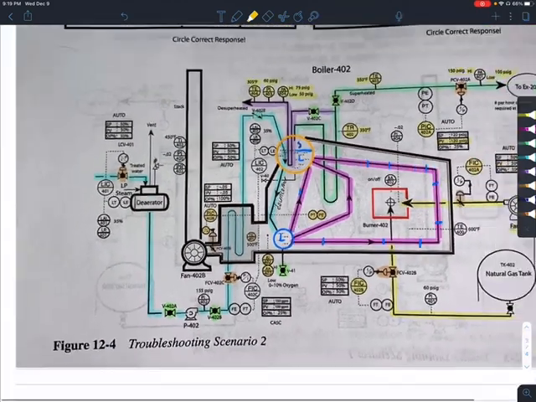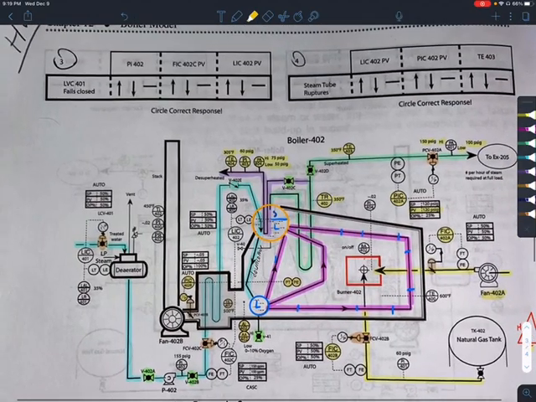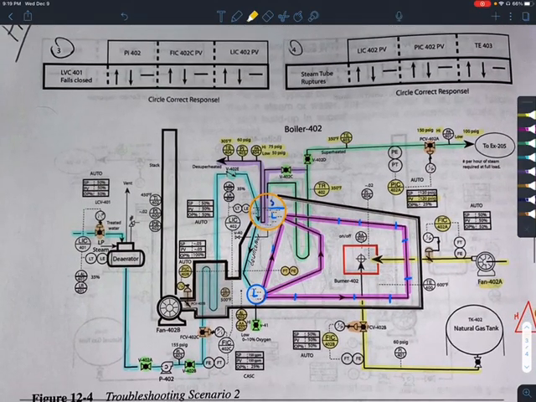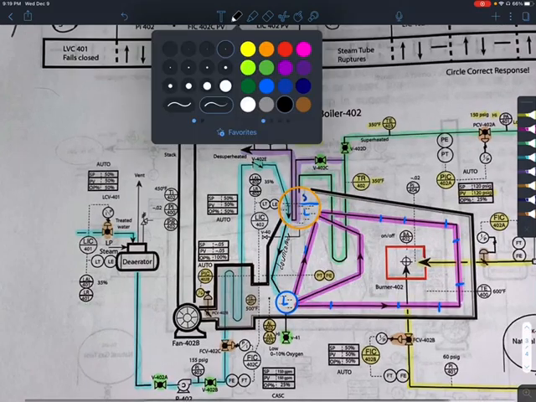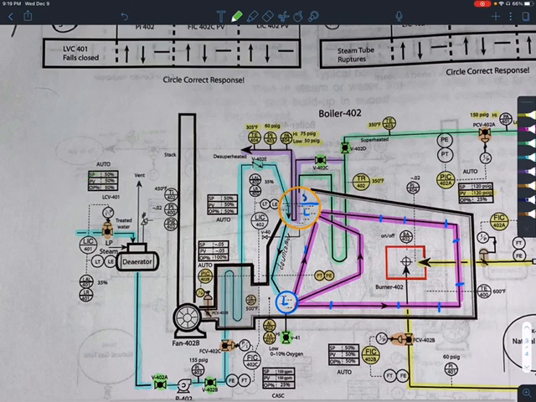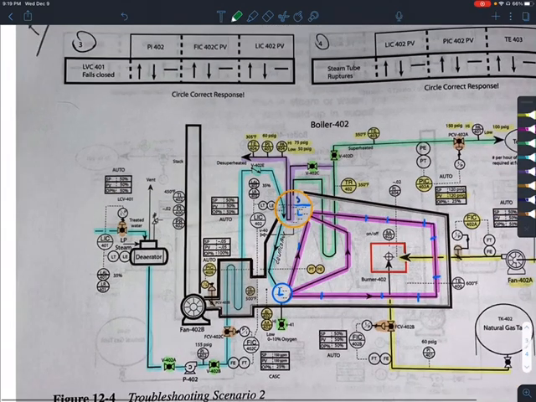Okay, and I think the questions will cover the other control loops. Okay, so LVC 401 fail closed. So LVC, and you know what? I'll make this, that's a little too light. Okay, here we go. That's a good color. So LVC 401 is located right here.